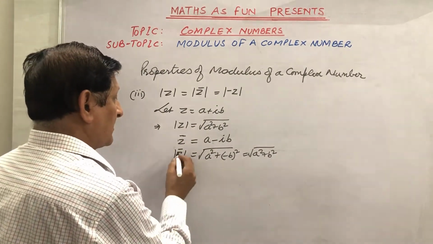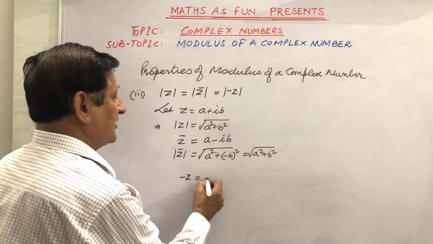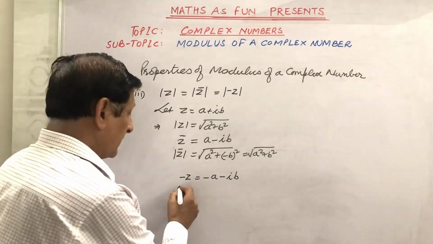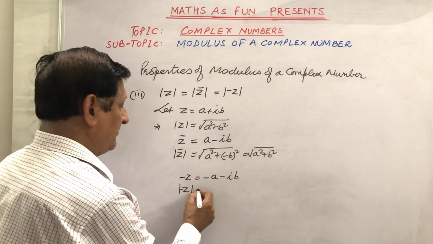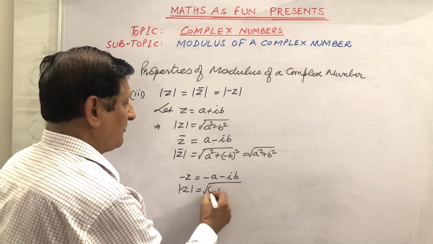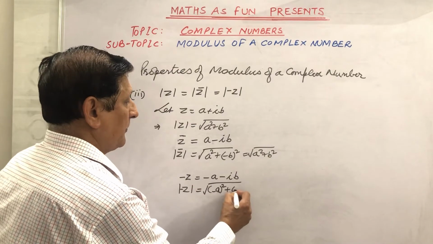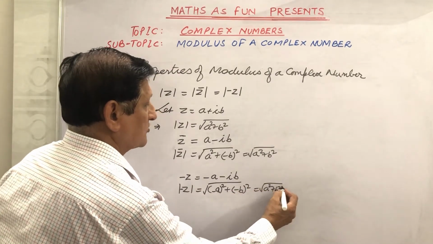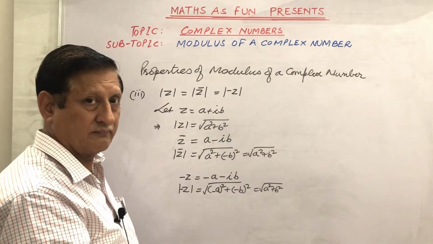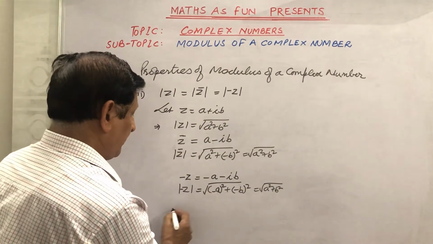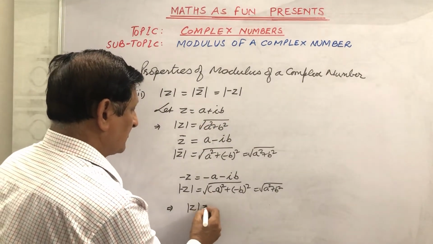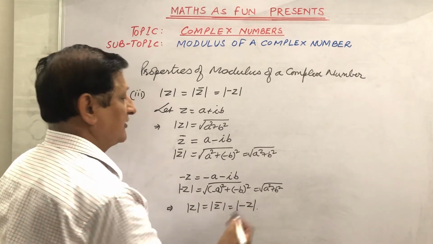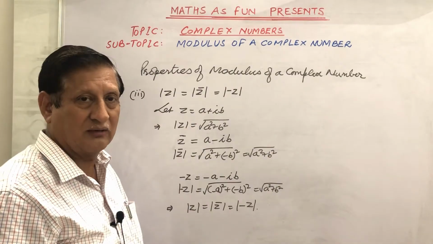Same as we can write the next one, minus z is minus a minus iota b. Then modulus of minus z will be equal to root of minus a square plus minus b square, which is equal to root of a square plus b square. And hence we can see from these all that modulus of z, modulus of z bar and modulus of minus z all are equal.